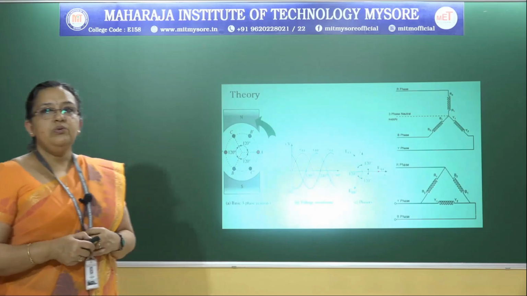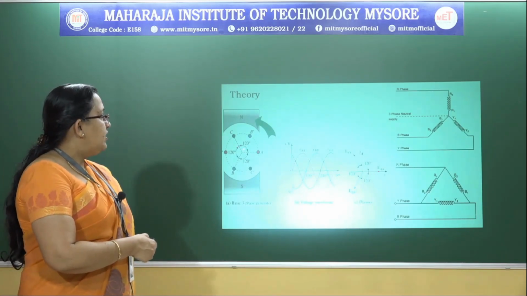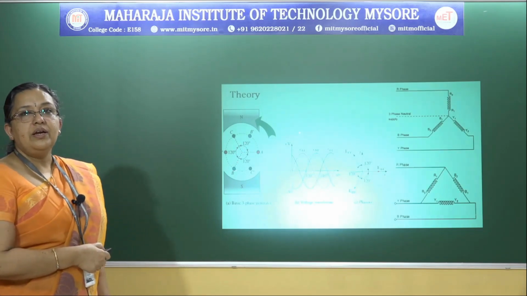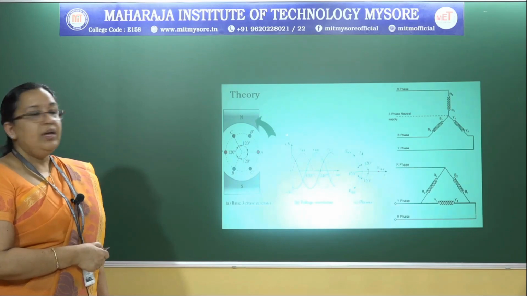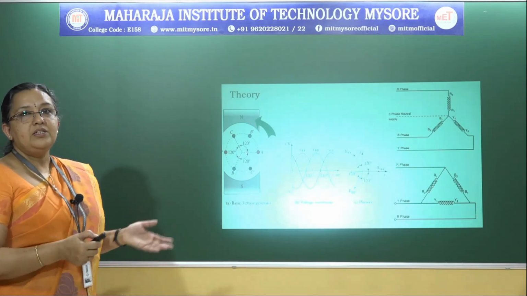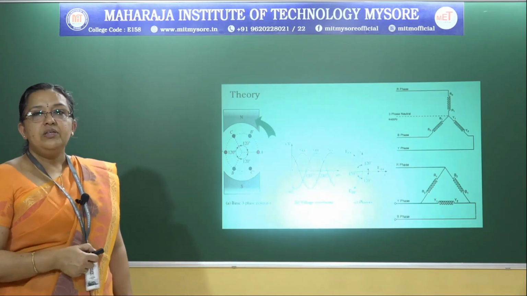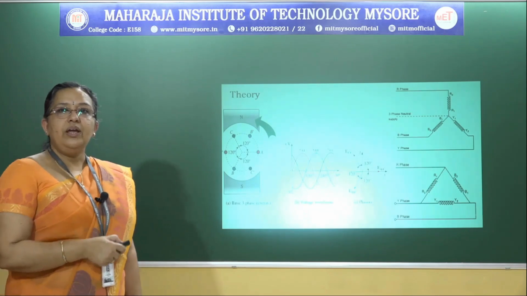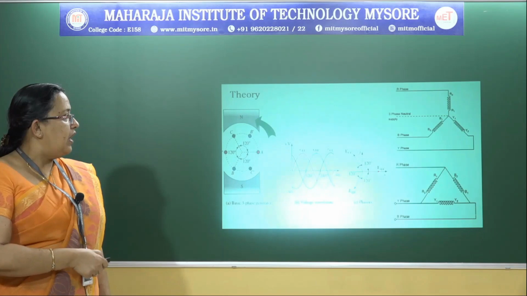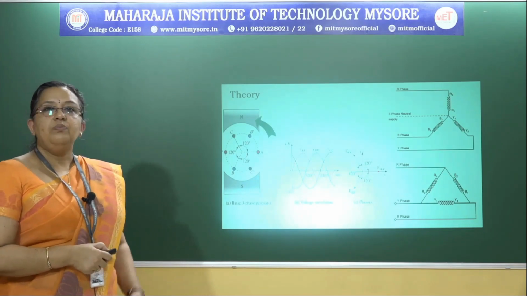Here we make use of three different coils which are separated by 120 degrees in space. So the armature has three coils instead of a single coil, and when it is rotated, instead of one alternating output, we get three different alternating outputs.